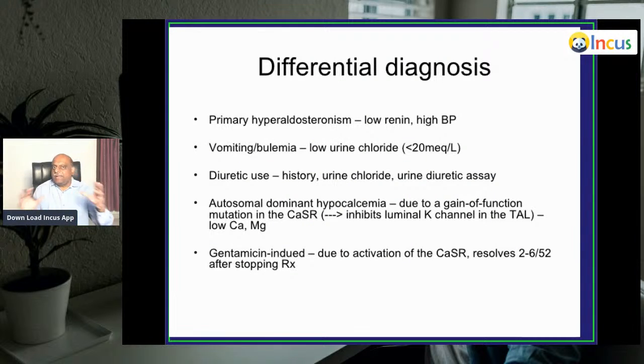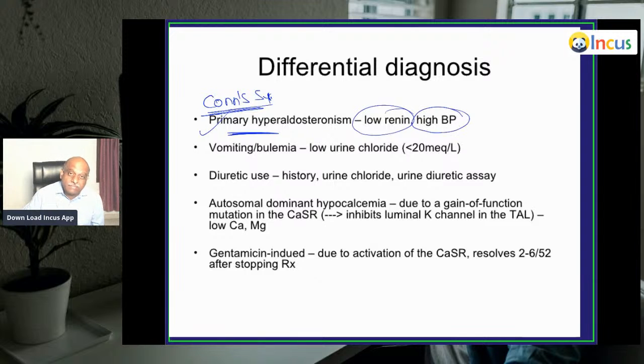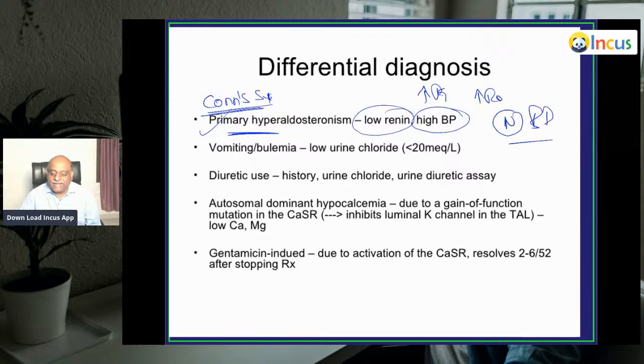So what is the differential diagnosis for this Bartter, Gitelman? If there is any Conn's syndrome, but Conn's syndrome, primary hyperaldosteronism, there is low renin and high BP, but Bartter has high renin because of high prostaglandin, but a normal BP, that characterizes the Bartter.